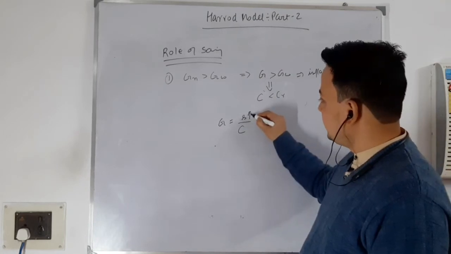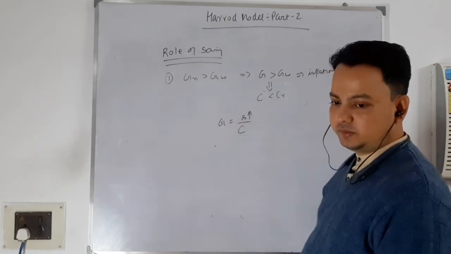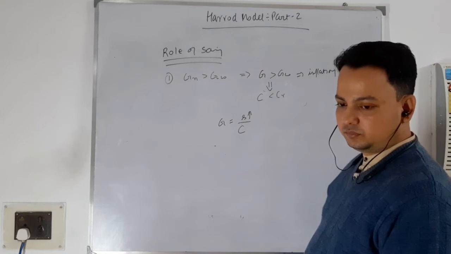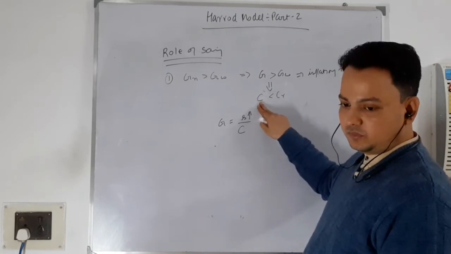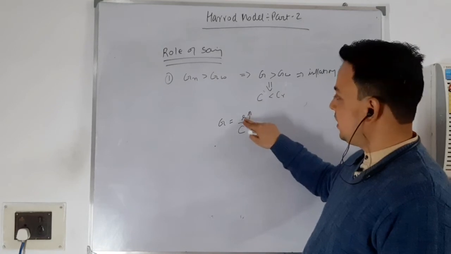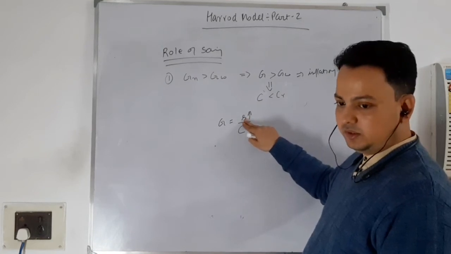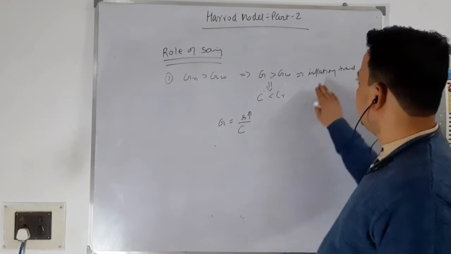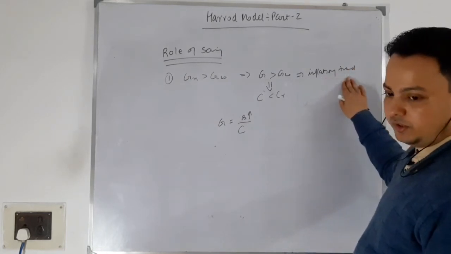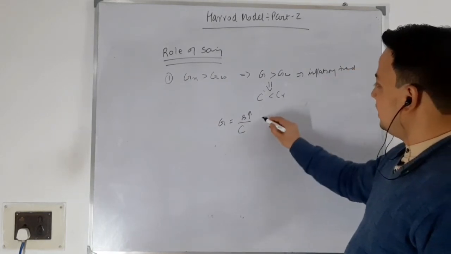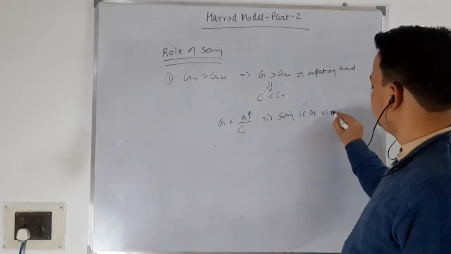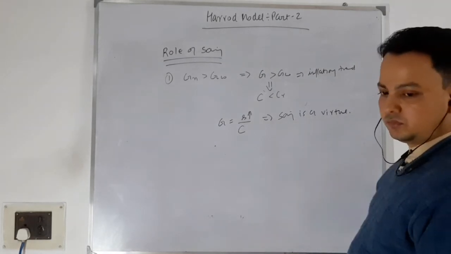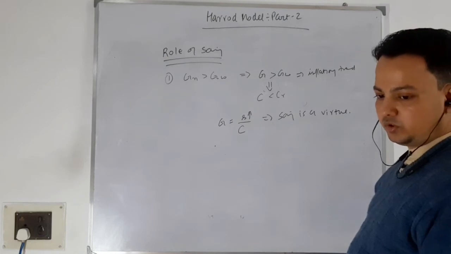If I am able to increase saving, I can increase my growth rate. So how can I increase it? By increasing saving. So the policy implication is that when you have an inflationary situation in the economy, saving is a virtue, a good thing for the economy.